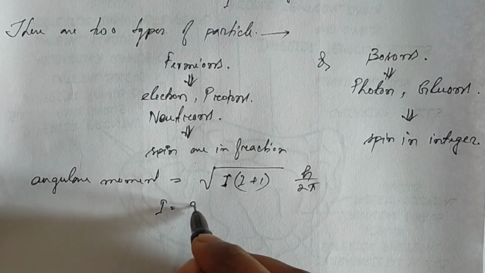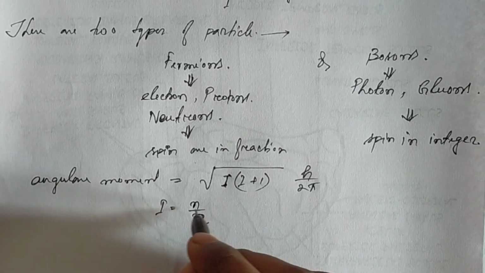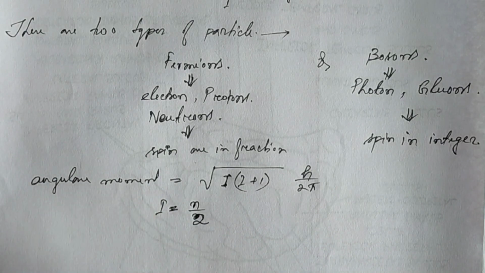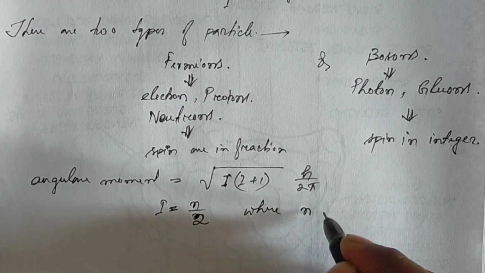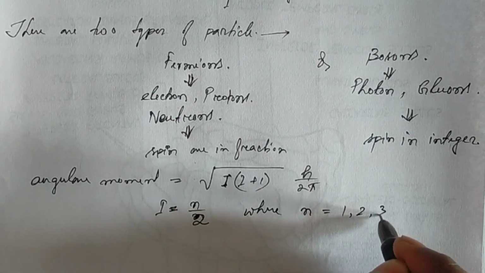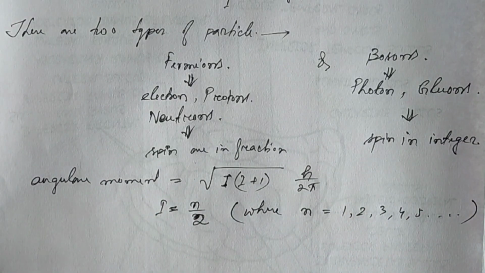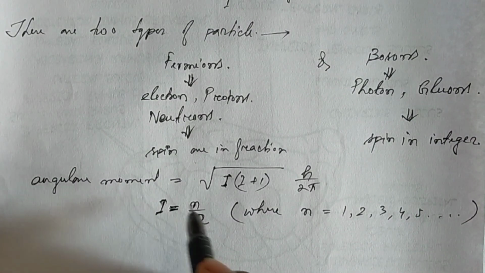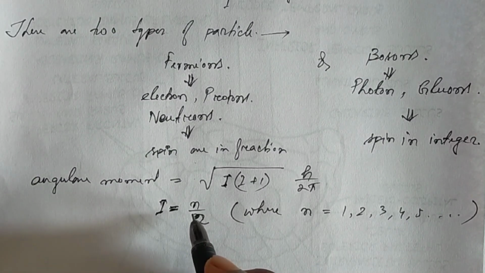The value of I will be like this: I equals n by 2, where n equals 1, 2, 3, 4, 5, like this. There are different values we have for I.